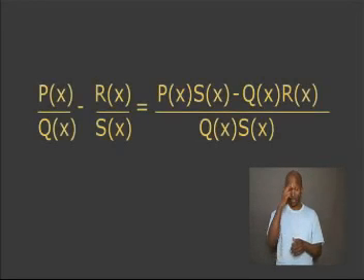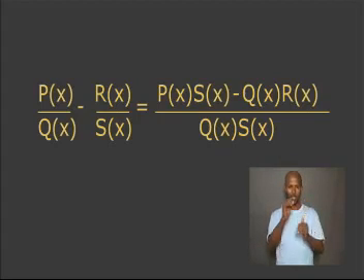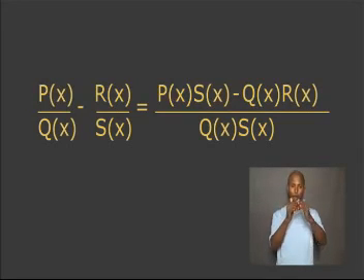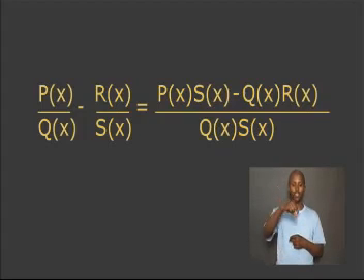In the case of subtraction, P of x over Q of x minus R of x over S of x equals P of x times S of x minus Q of x times R of x over Q of x times S of x. The multiplication of rational expressions is equally straightforward.